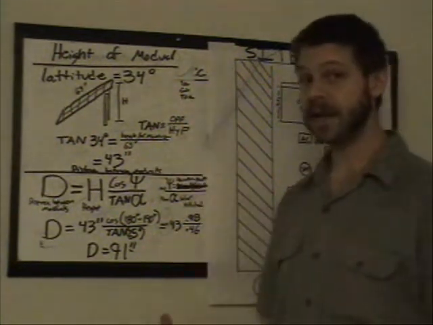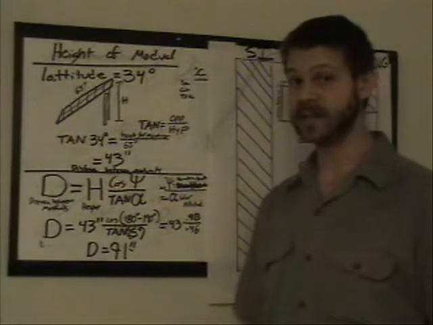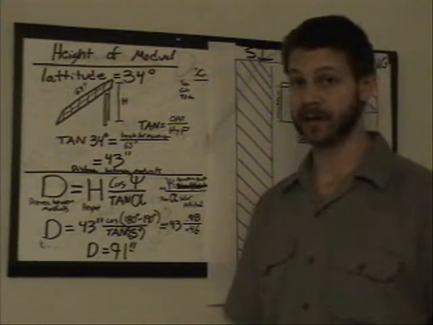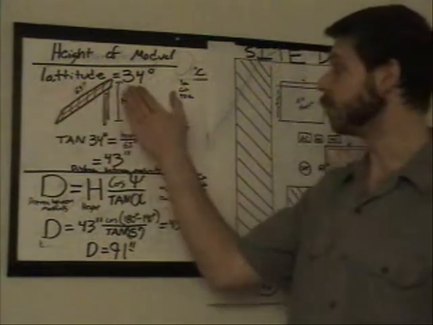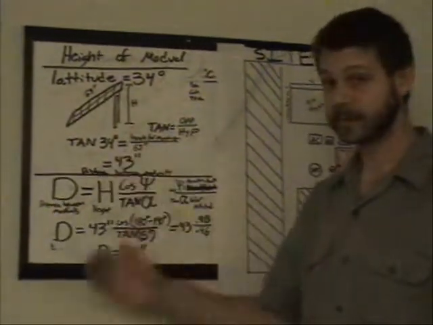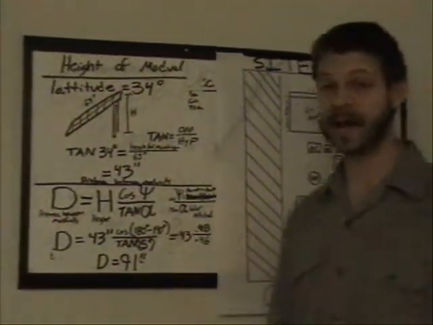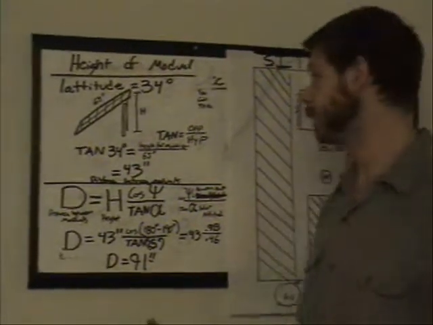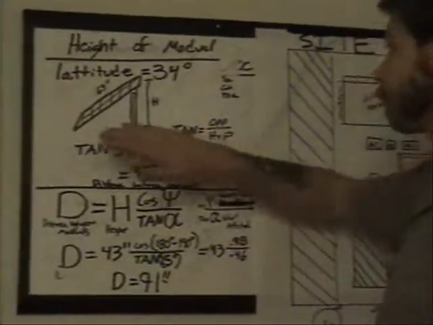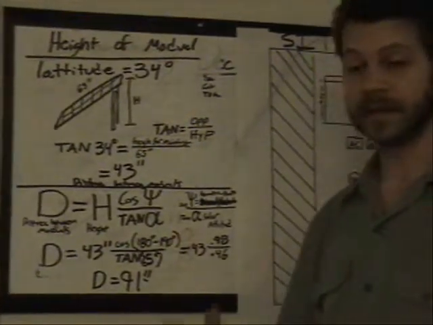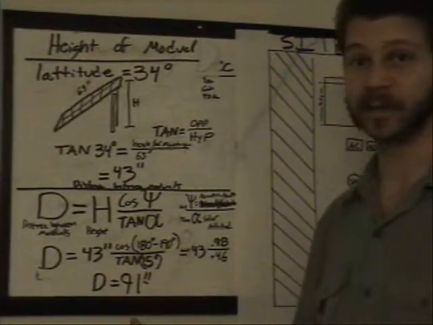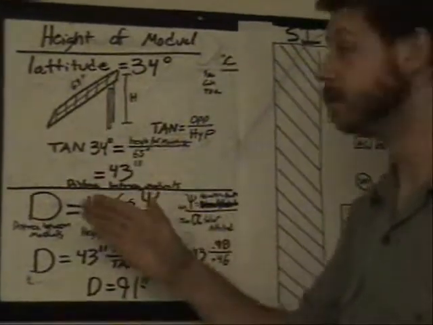The most ideal angle to mount modules is equal to that of your latitude on the Earth. Los Angeles is at latitude 34 degrees north. Our modules are going to be mounted at 34 degrees. And that means you can determine their height very easily by using a tangent. I know the length of my module, because I looked up the dimensions of my Sharp module, it's 65 inches long.